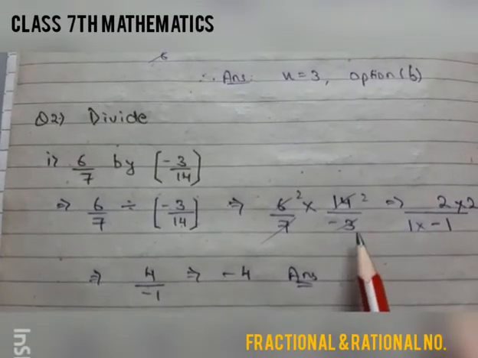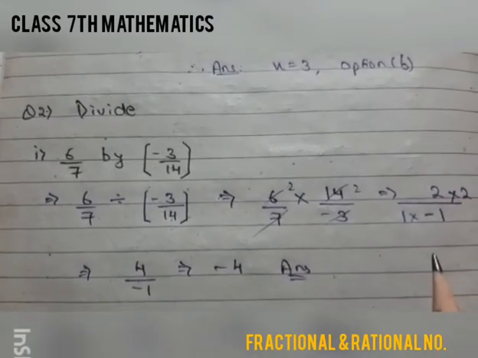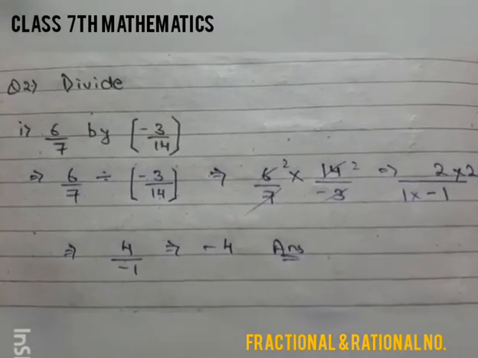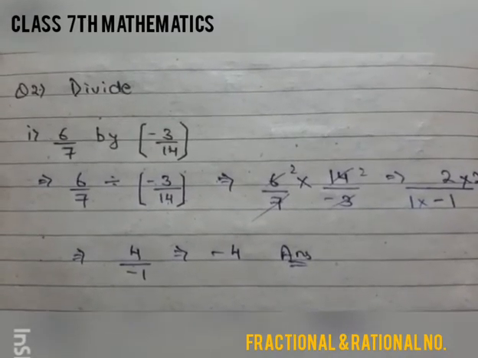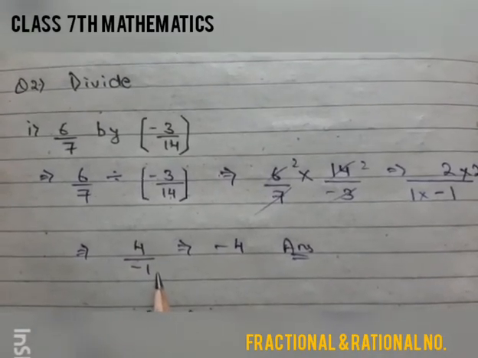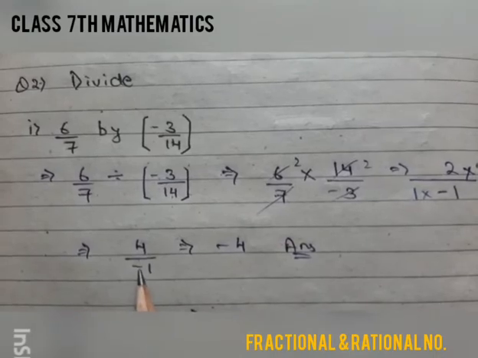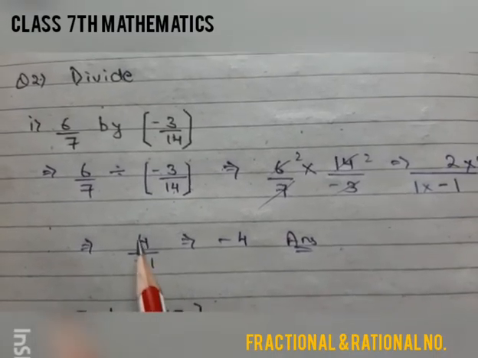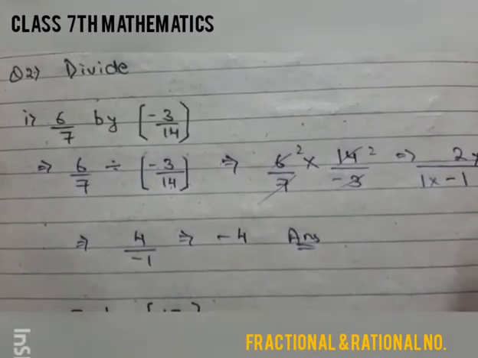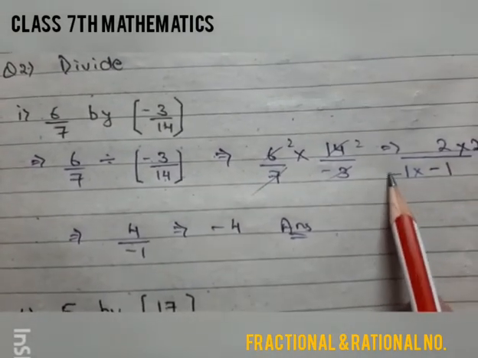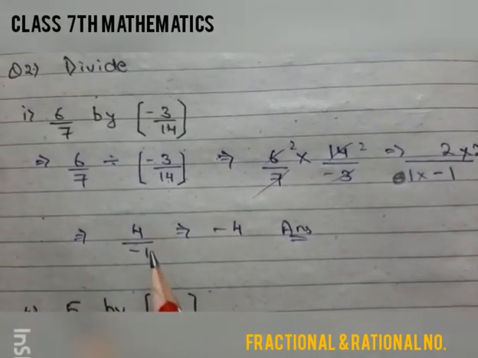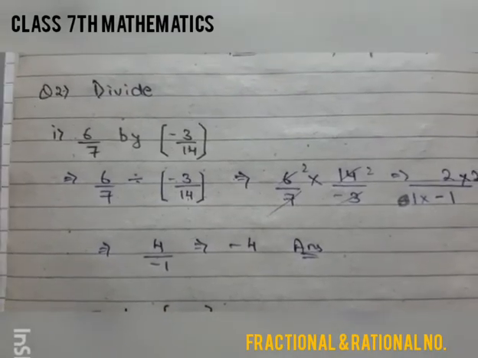The minus sign goes to the denominator, but we always know that the denominator can never be negative. So the answer coming was 4 upon minus 1, and since the denominator can never be negative, we simply transfer the minus sign from the denominator to the numerator. So the answer will be minus 4. Whenever you find a negative sign in the denominator, always transfer it to the numerator.